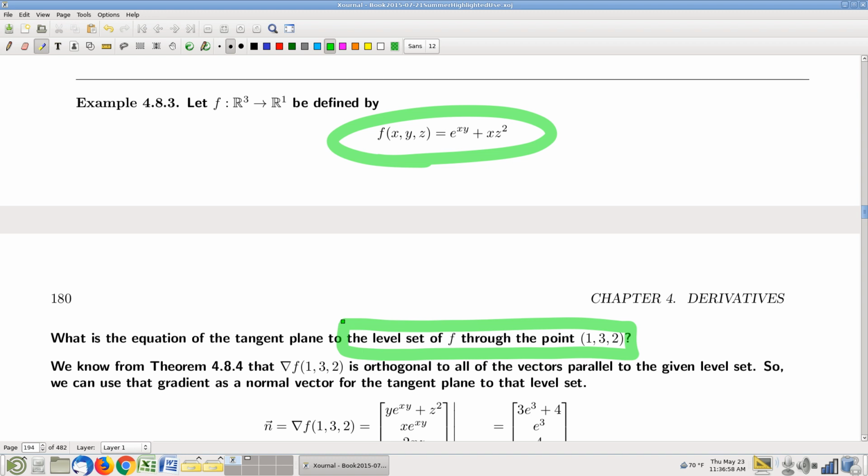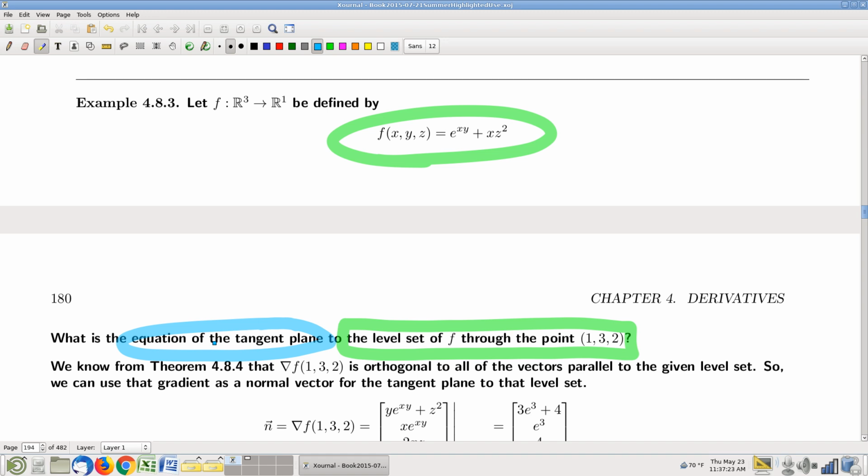So 3 input variables, real valued. A level set passing through this point is going to be a surface. A surface in the domain. The domain is R3. So we're thinking about this surface, and what the question asks us to do here is to find the equation of the tangent plane to that surface.